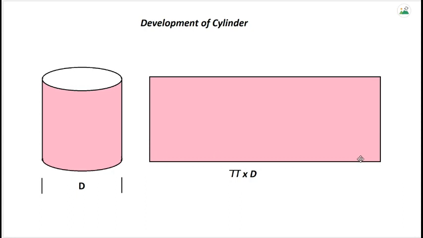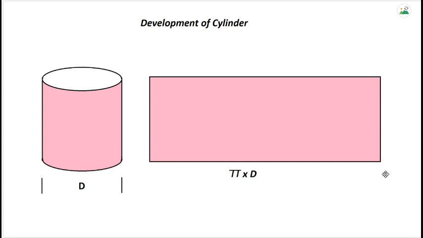The height of this rectangle will be equal to the height of the cylinder, and the length of this rectangle, which we call the development, will be equal to the circumference of this circle, that is pi multiplied by d.